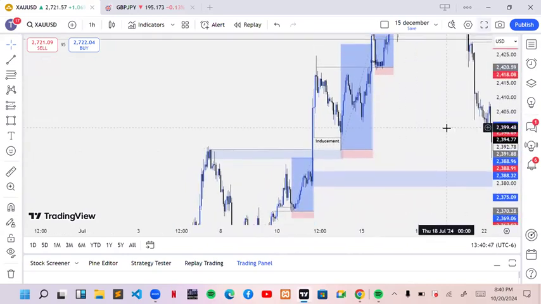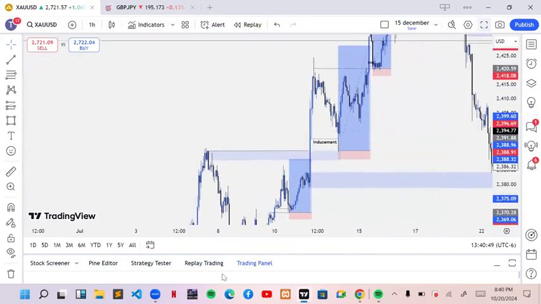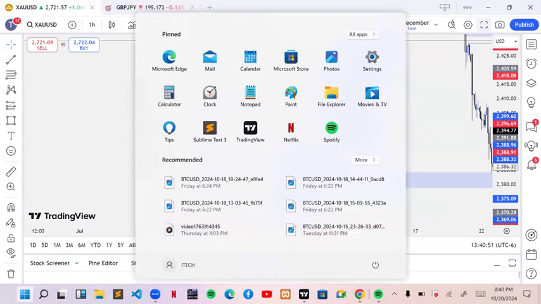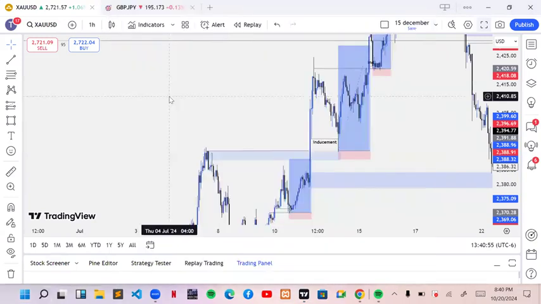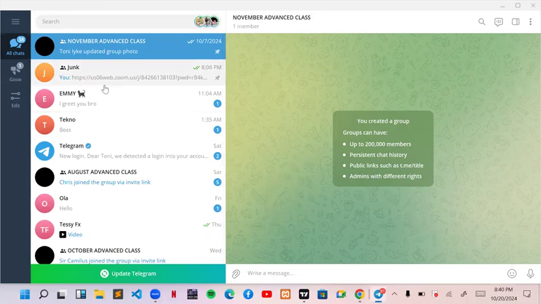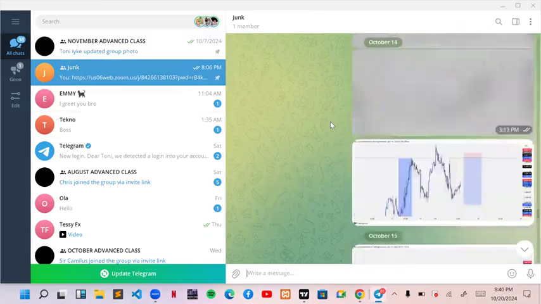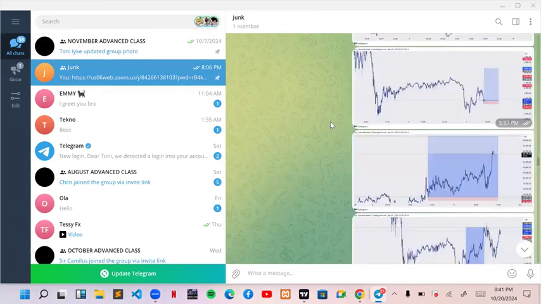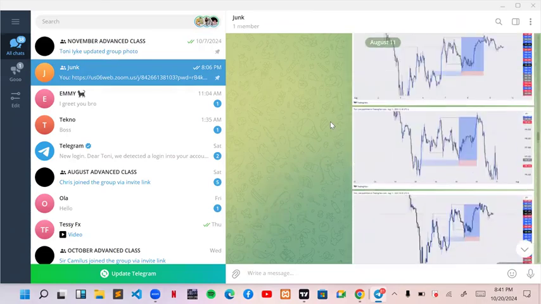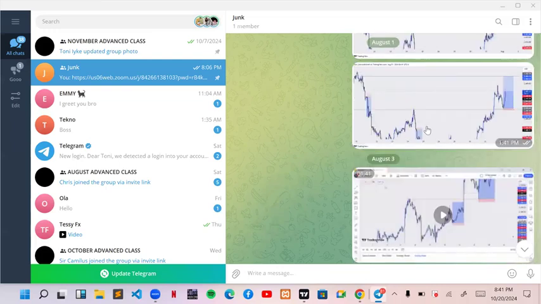I took this trade with $100, and I think I turned the $100 into $2,000. Once you are precise with your entries, I can find the trade. This was the trade actually.